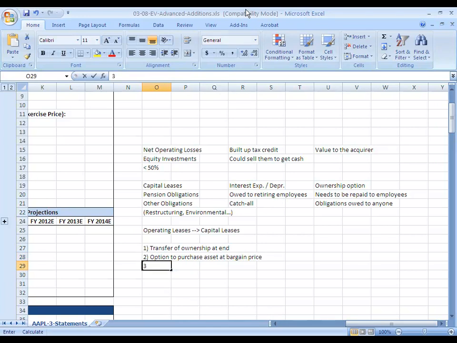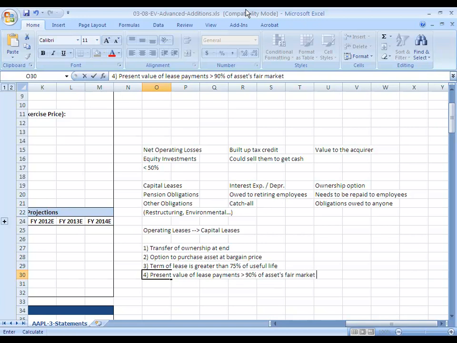Third, the term of the lease is greater than 75% of the useful life of the asset. And fourth, the present value of lease payments is greater than 90% of the asset's fair market value.